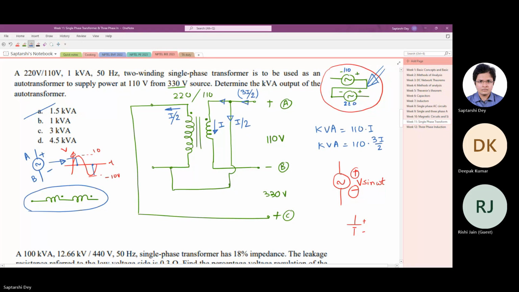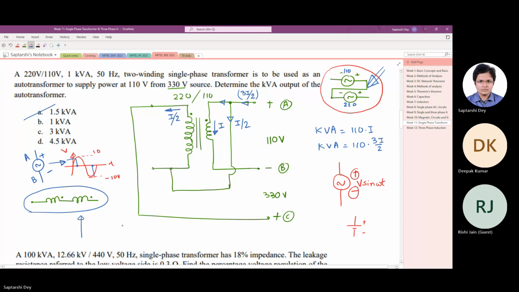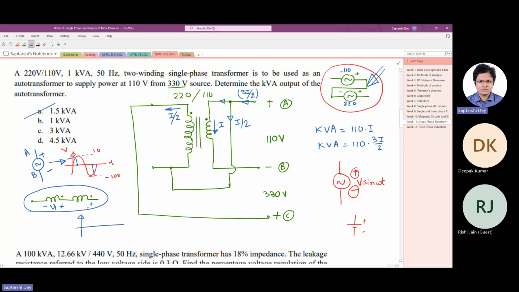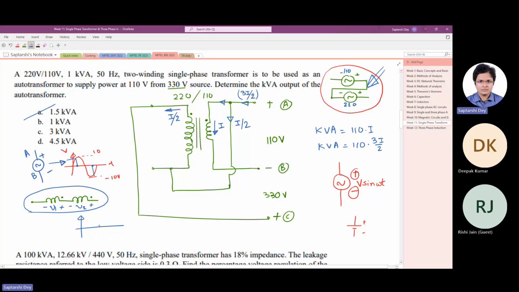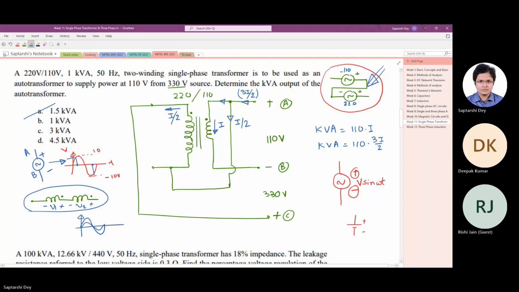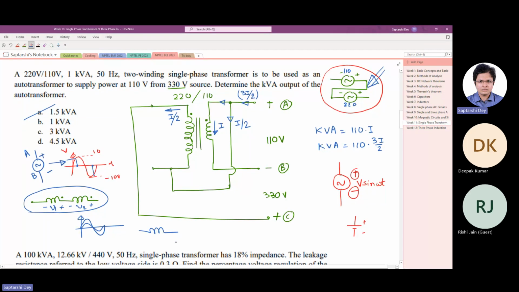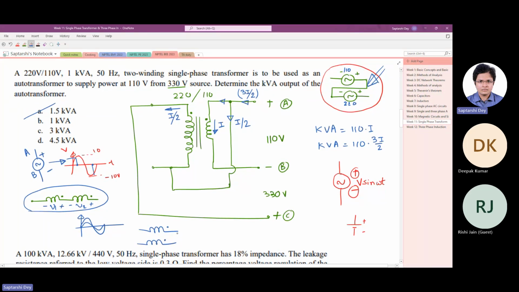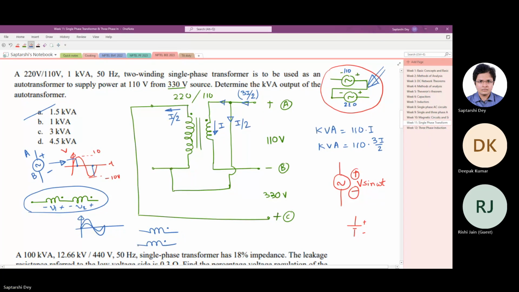Now look at this one. Dot convention we discussed last week. So what does this dot mean? It means that if I measure the voltage here V1 and the voltage here V2, they are in phase. If this is V1, V2 should be here like this. Which means if you want to add the voltages and you have dots and dots here, they have to be connected like this.